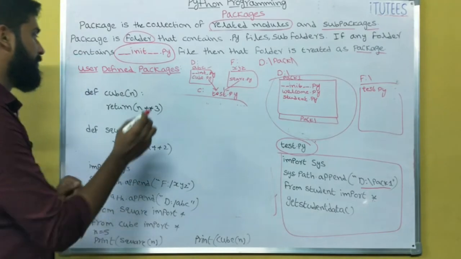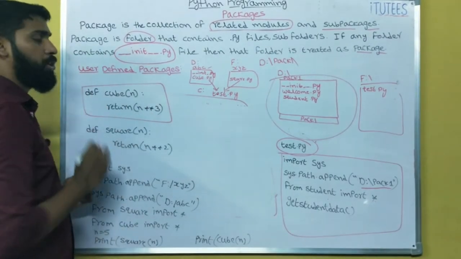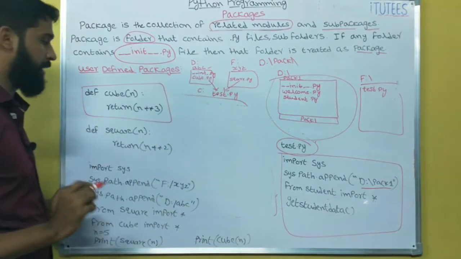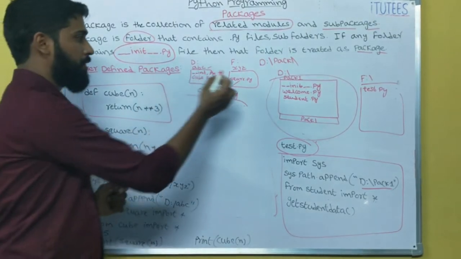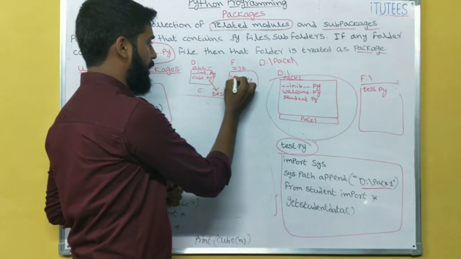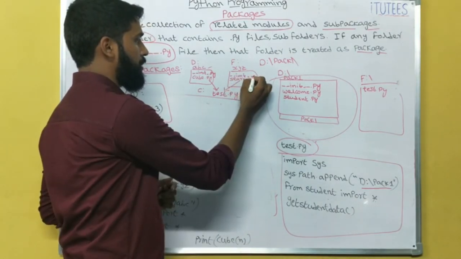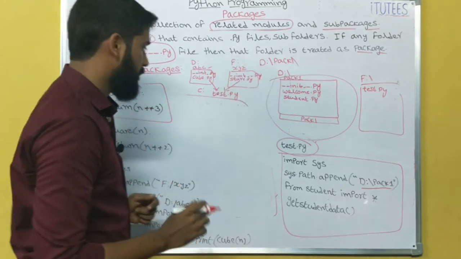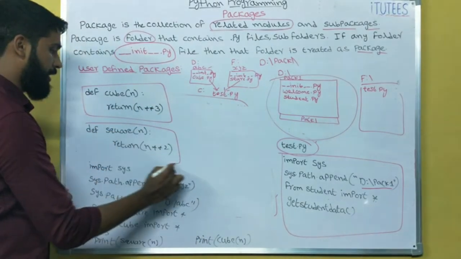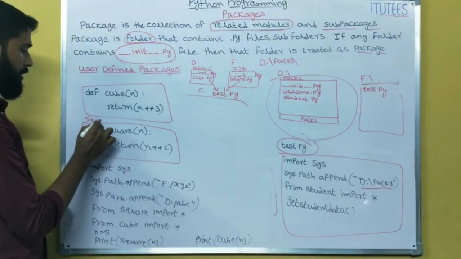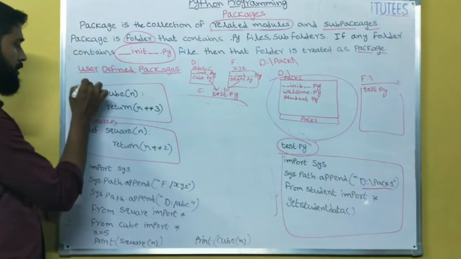After that, I create a module cube and save it in this D drive as cube.py. In the second step, I create a folder XYZ. In this, I create one __init__.py. After that, I create a file, the file name is square.py. So this is cube.py.